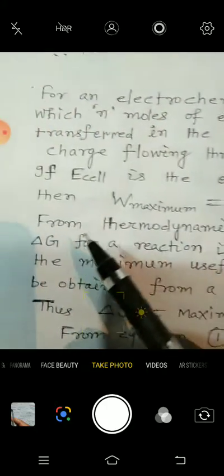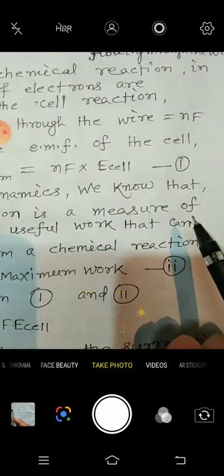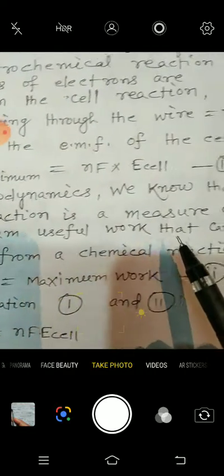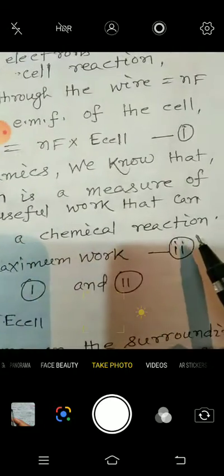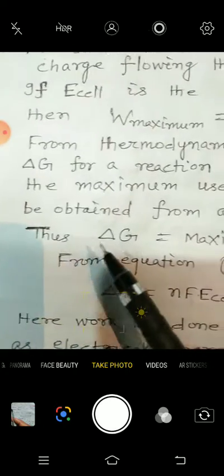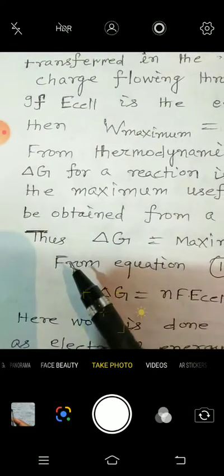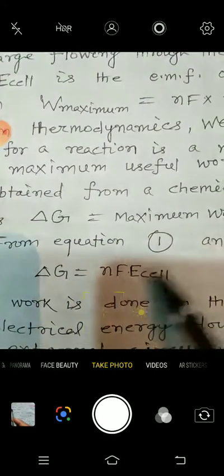That is equation 1. From thermodynamics, we know that delta G for a reaction is a measure of the maximum useful work that can be obtained from a chemical reaction. Thus, delta G is equal to maximum work. Equation 2. Comparing equation 1 and 2, you will get delta G is equal to nF E cell.